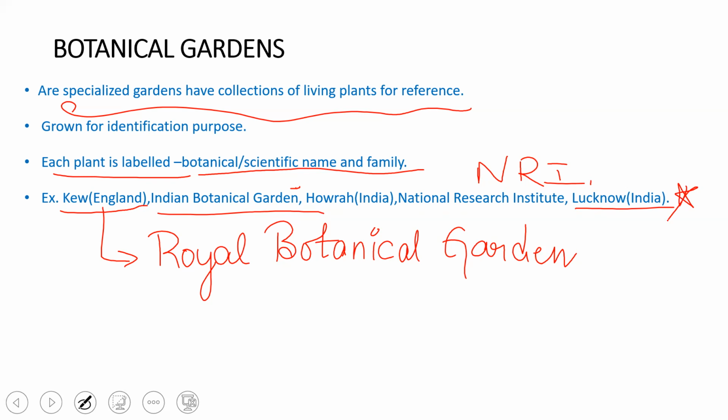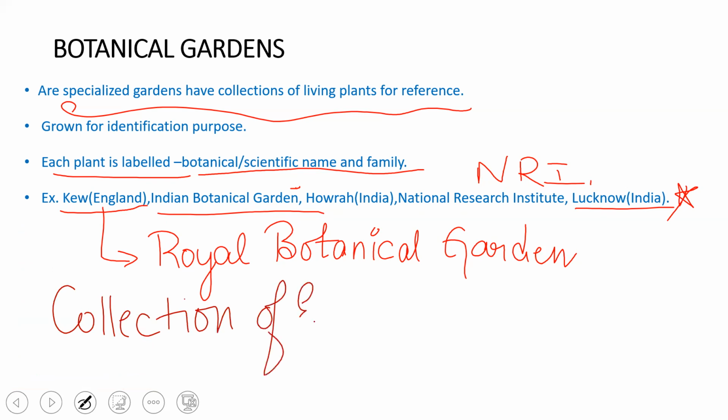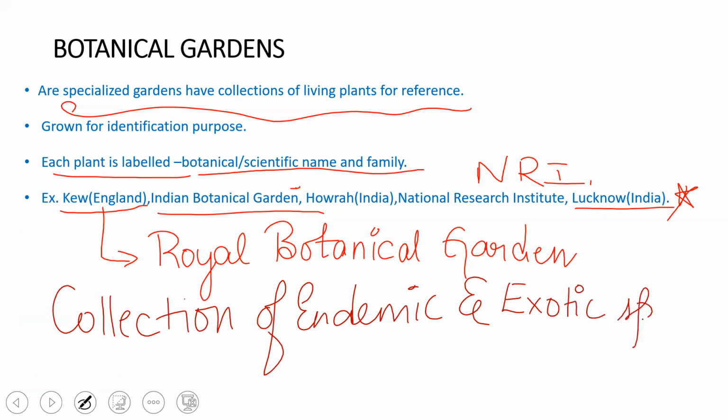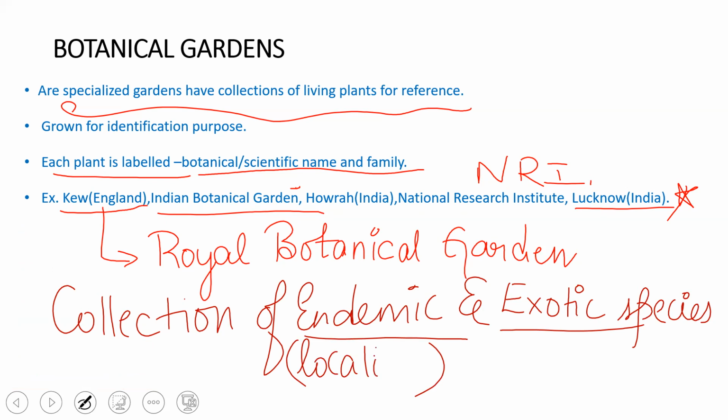Remember one more thing about botanical gardens. It can be a collection of endemic and exotic species. Endemic means it is restricted to that particular place; we can say it is localized.